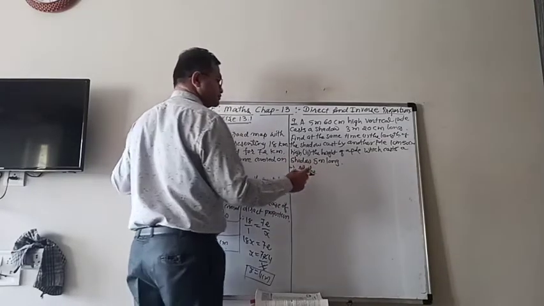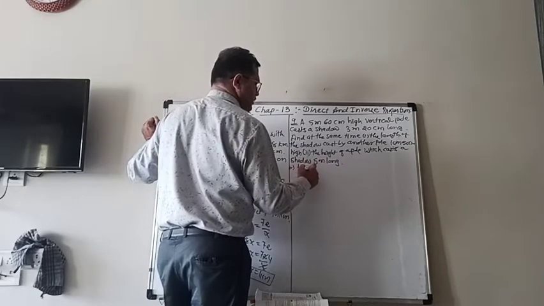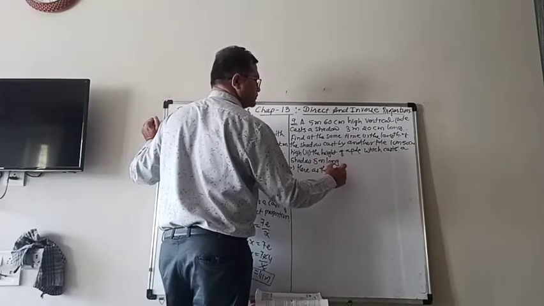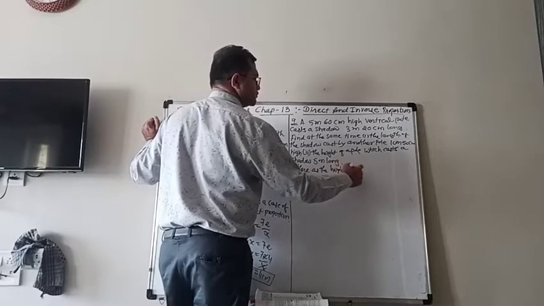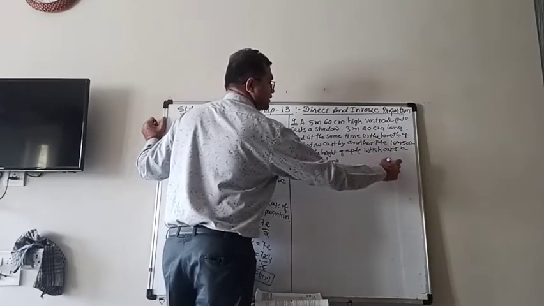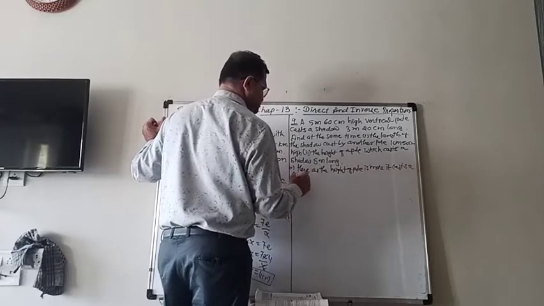So now, as the height of the pole is more, it casts a longer shadow.